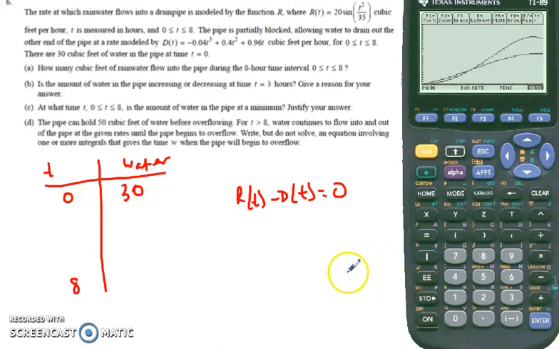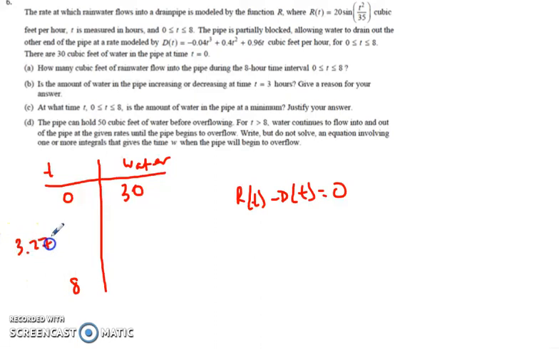And I find out that the critical point is at 3.2716. So I'm going to write down as much of that as I can. 3.2716, and the next two numbers were 5 and 8. So now I have a table of 3 values.